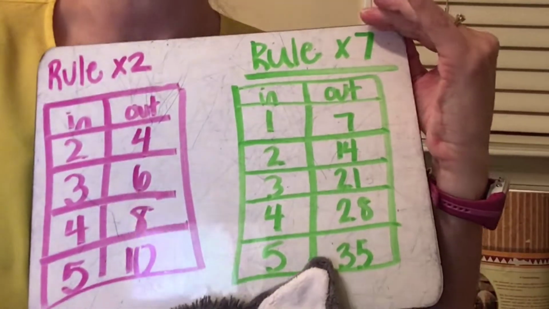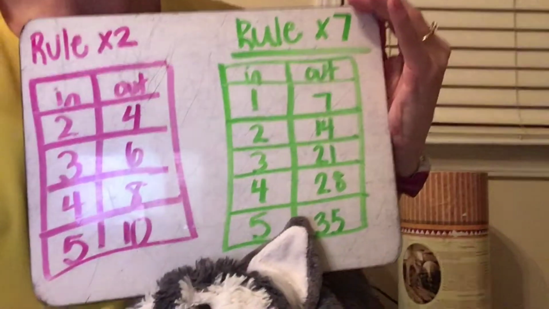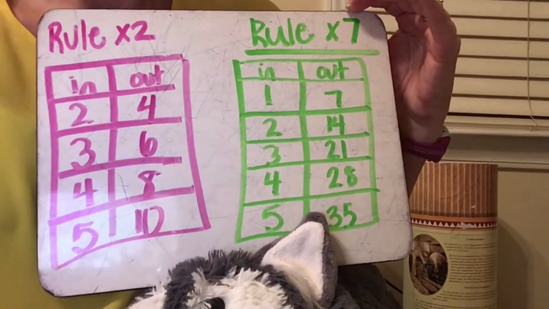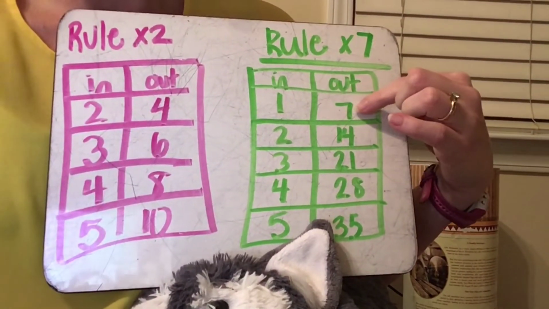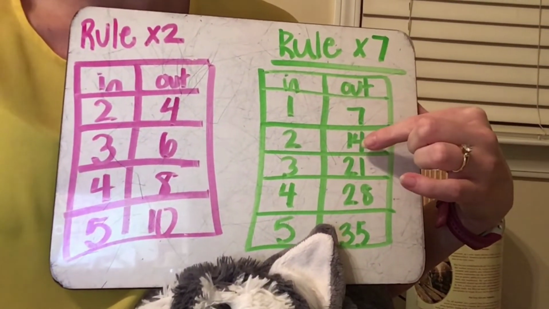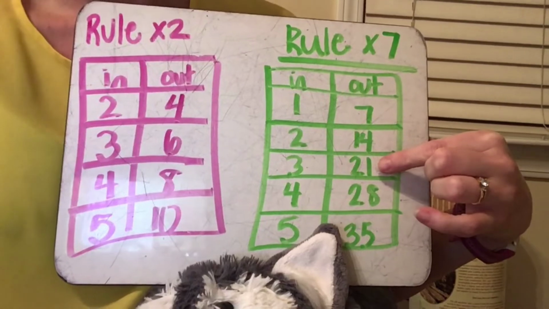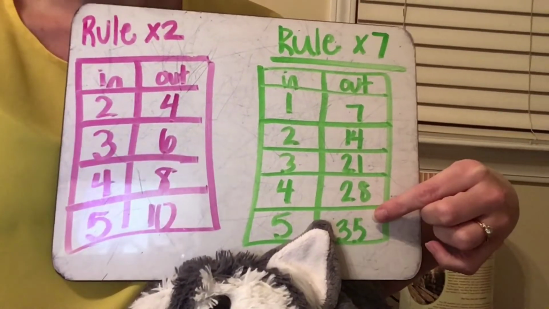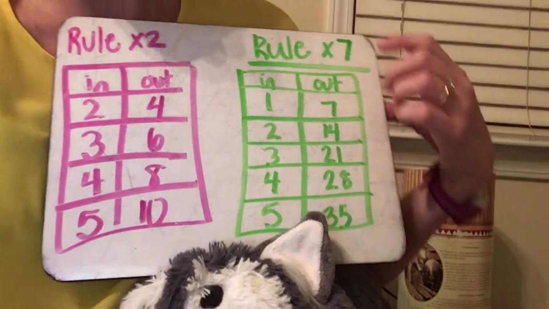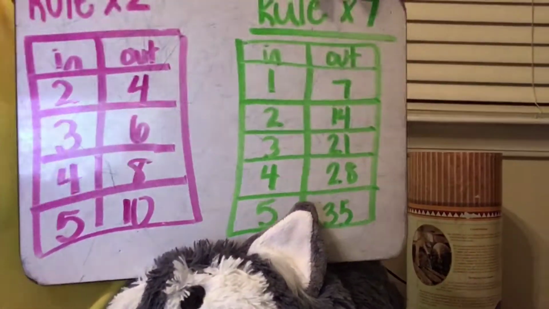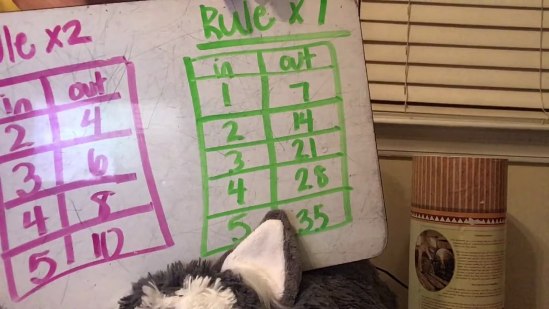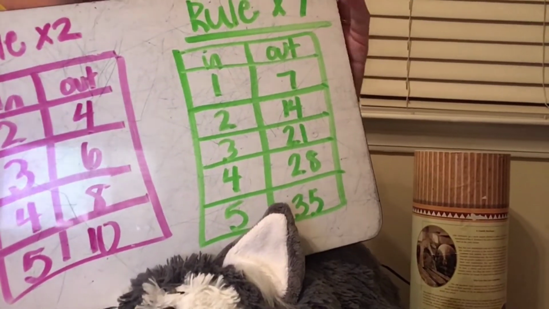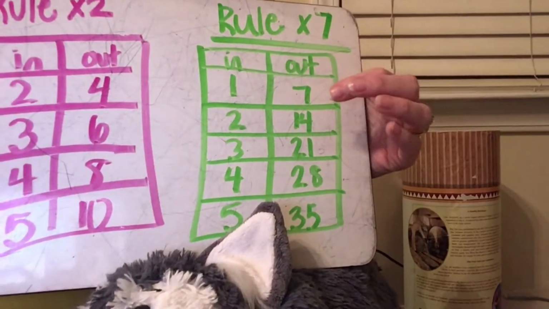Now, if I look at the rule times 7, I would see 1 times 7 is 7, 2 times 7 is 14, 3 times 7 is 21, 4 times 7 is 28, and 5 times 7 is 35. Well, I don't see a pattern, but I do actually see one.